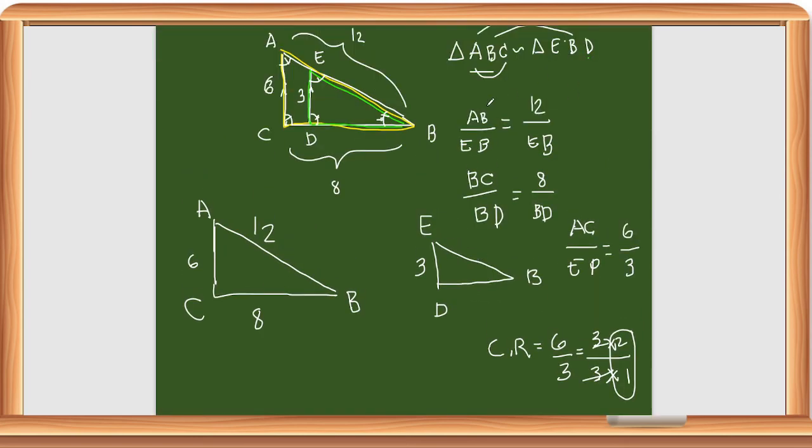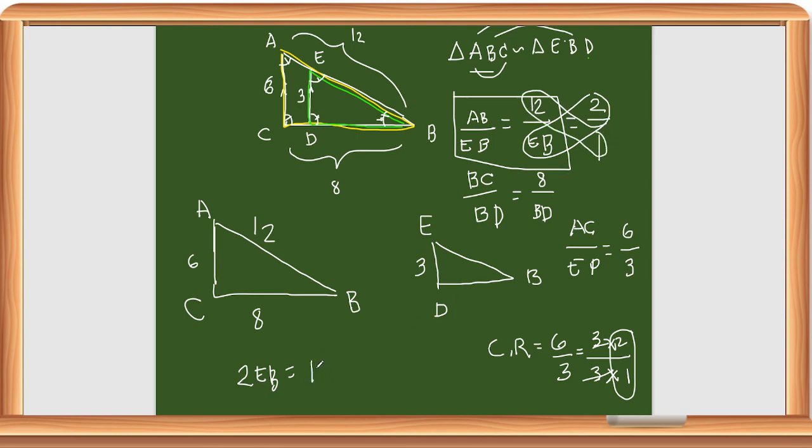Now, we want to know what EB is. Hindi natin alam yung EB. So we have to equate this to the common ratio, which is 2 over 1. No? And then just cross multiply. We have 2EB is equal to 1 times 12.